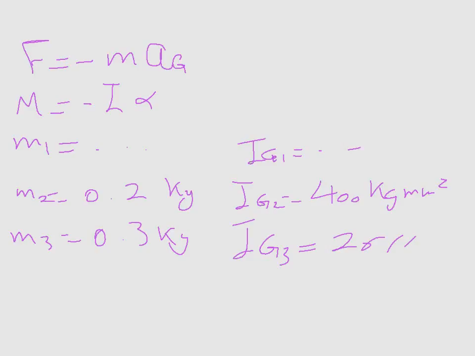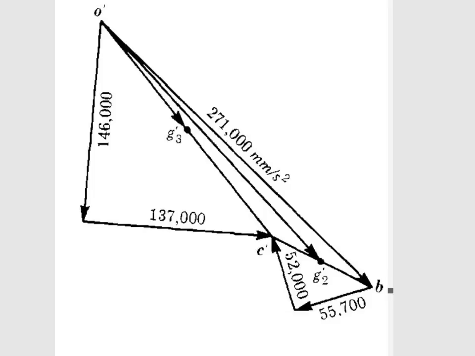What will we do now? I said if you want to solve dynamic force, you must draw the acceleration polygon. Because I don't have the perfect pen, I cannot draw it for you, and our topic is not how to draw the acceleration polygon, so I will put the answer directly here.